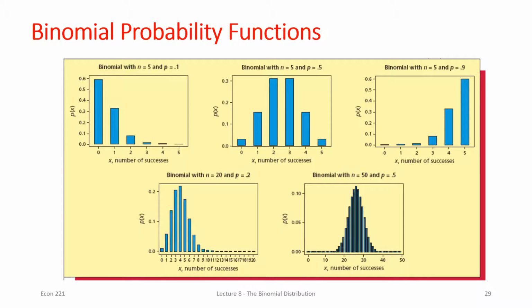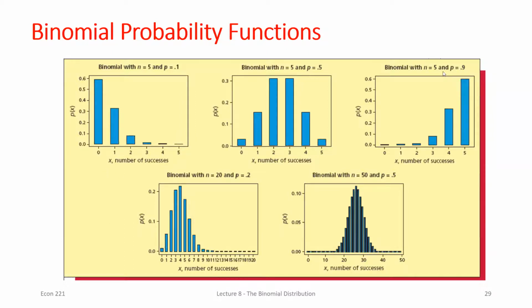So the expected value is 0.5, which means the most likely outcomes will be 0 and 1, right? Sure enough, they don't have the same likelihood of occurring, but they are the two most likely outcomes here. And then as I move further away from that 0.5, that mean or expected value of 0.5, the probability of seeing a higher number of successes falls.